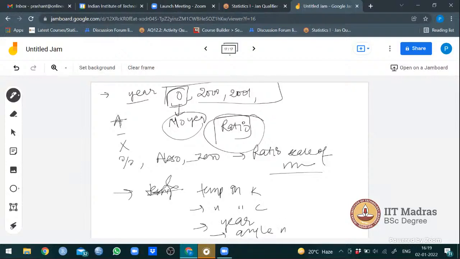Does this depend on any data or table, or is it a general question? It's general.